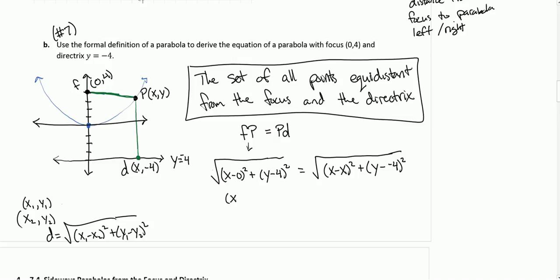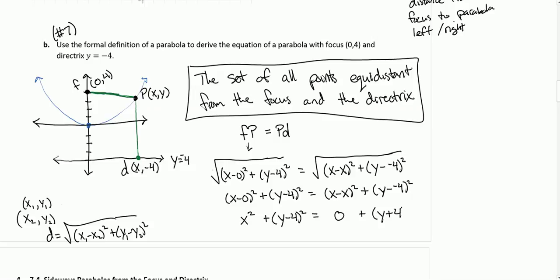And we have x minus 0 squared plus y minus 4 squared is equal to x minus x squared plus y minus -4 squared. And then there's a few other things we can do. We know that x minus 0 is x, so this is just an x squared, plus y minus 4 squared is equal to x minus x is 0 plus another y, well here we have a y plus 4 squared.